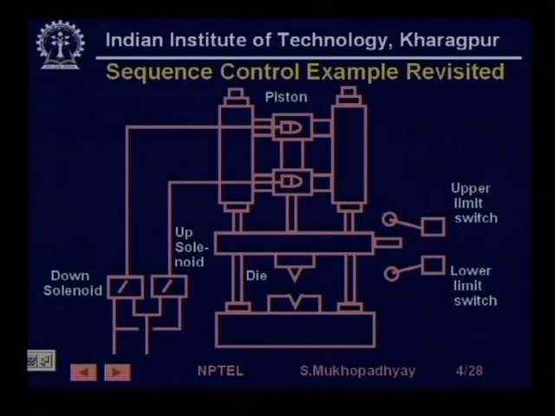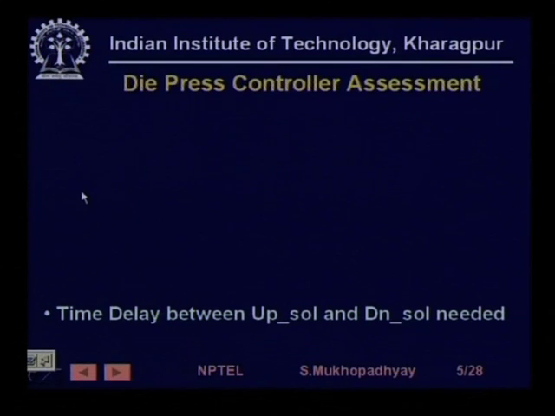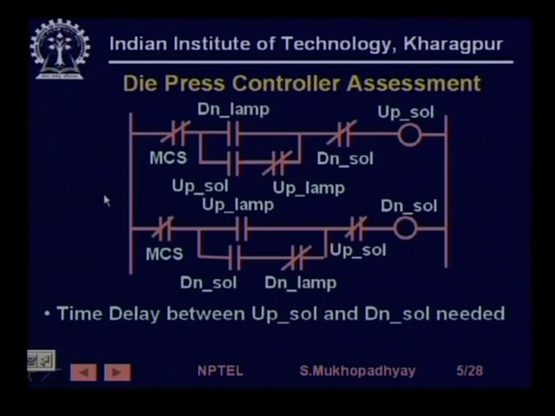So, the die moves up or down, and there are two sensors, namely the upper limit switch and the lower limit switch, which send the end positions of the die. So, we take a look at the earlier solution which we proposed in an earlier lesson.